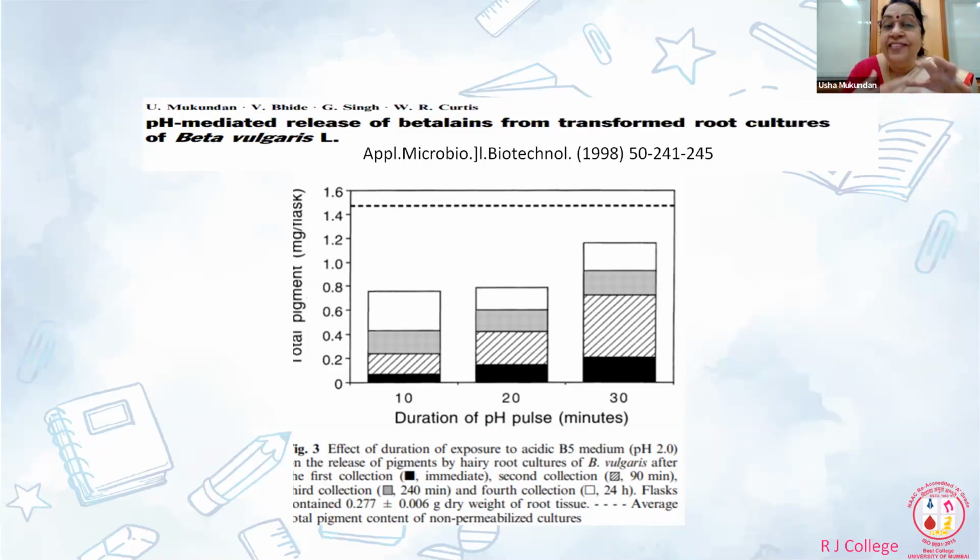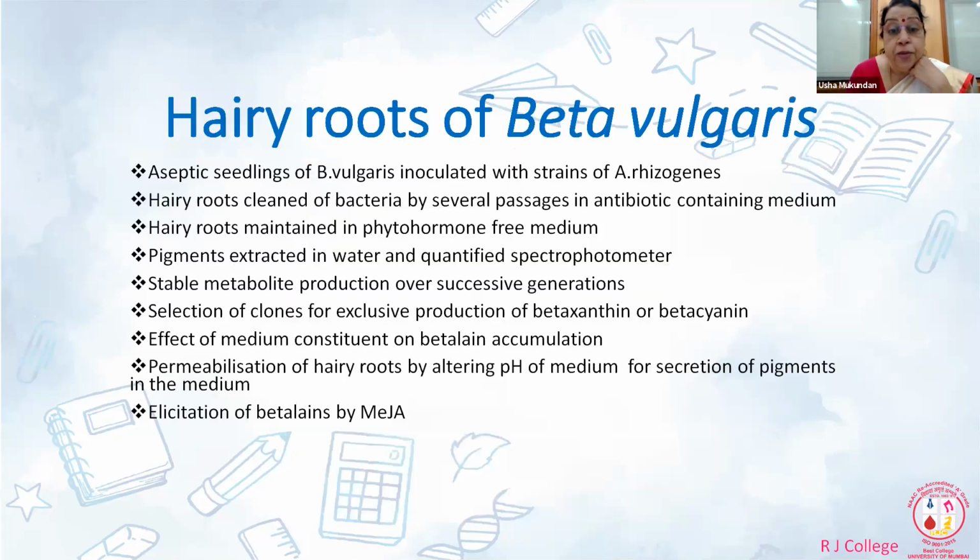So by using one system, you can design several experiments. Now, betalain content can also be increased by using elicitors like methyl jasmonate. You have learned about it. Methyl jasmonate is a gaseous elicitor, and these bring about an enhancement of betalain accumulation.